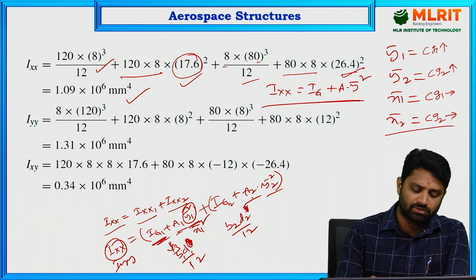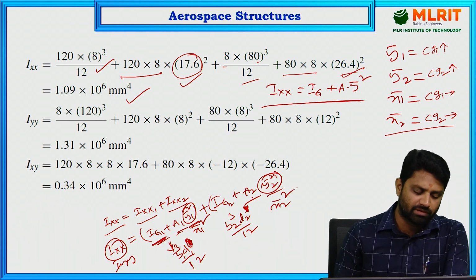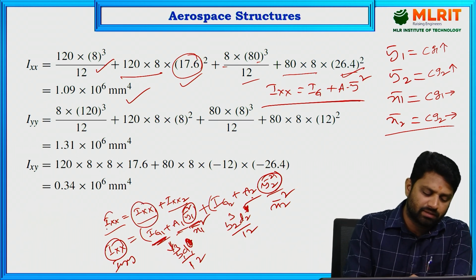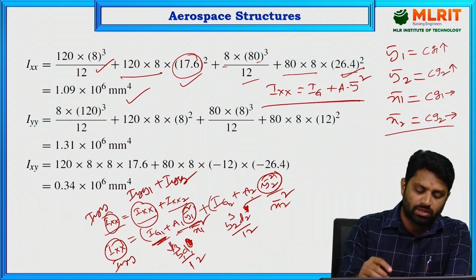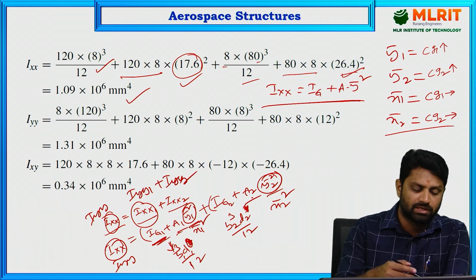Similarly here also the cubes will interchange, and instead of y2 bar square, you write x2 bar square. So that is the formula for Iyy, where Iyy equals Iyy1 plus Iyy2.